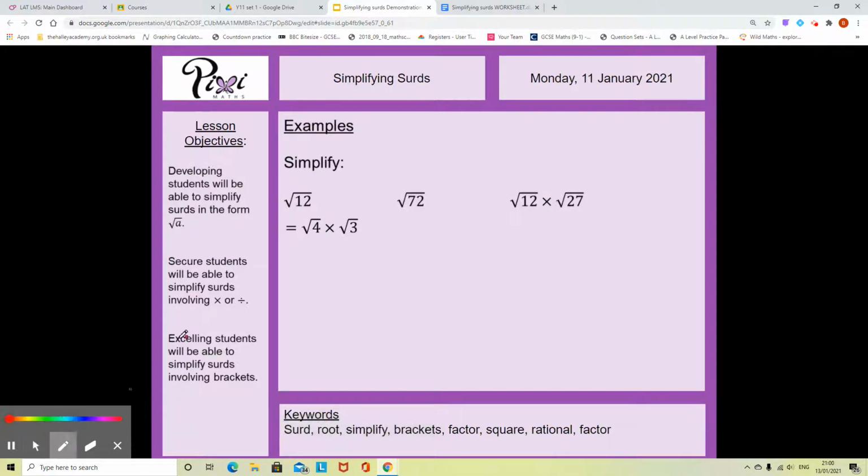We have chosen 4 by 3 rather than square root 6 times 2, because we know 6 multiplied by 2 gives us square root 12. Similarly, square root 4 times square root 3 also gives us square root 12.